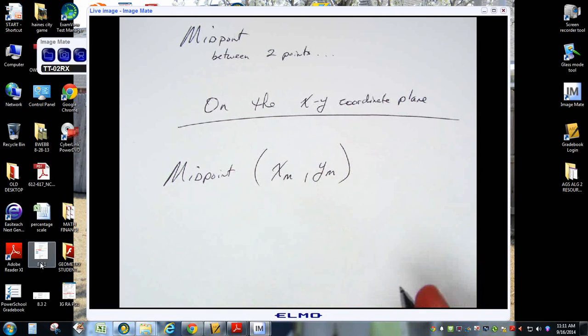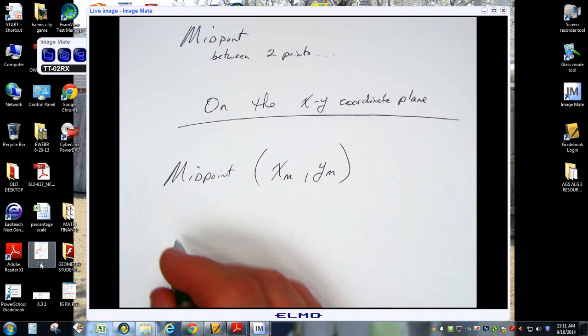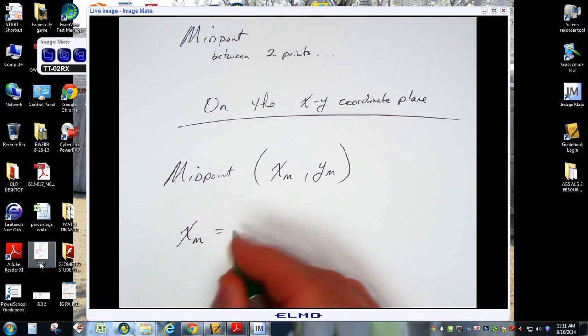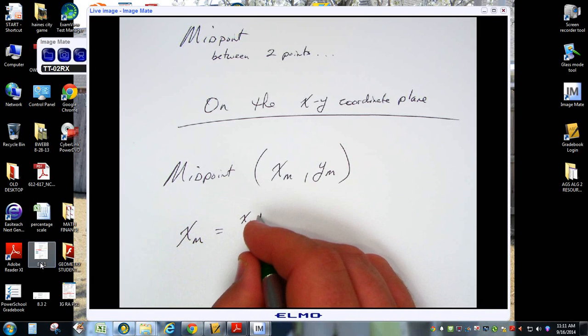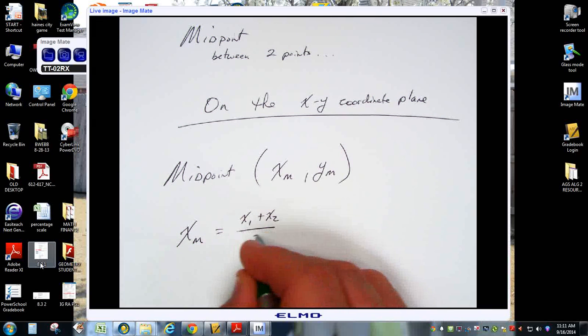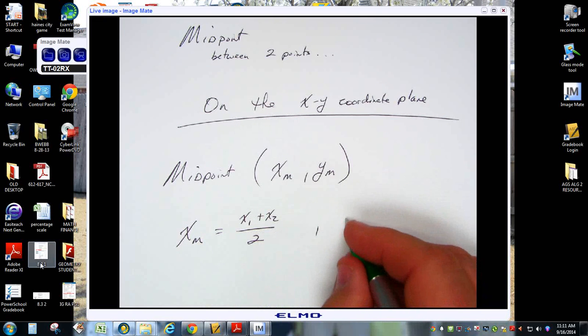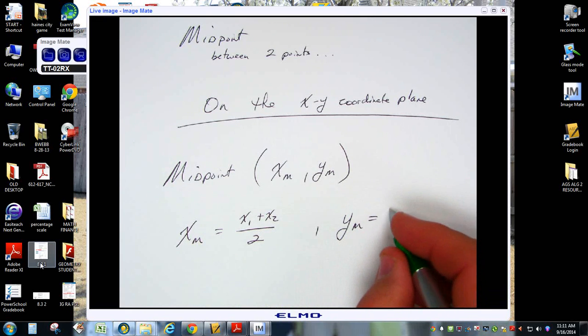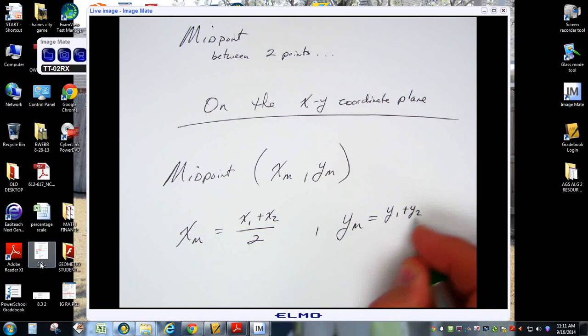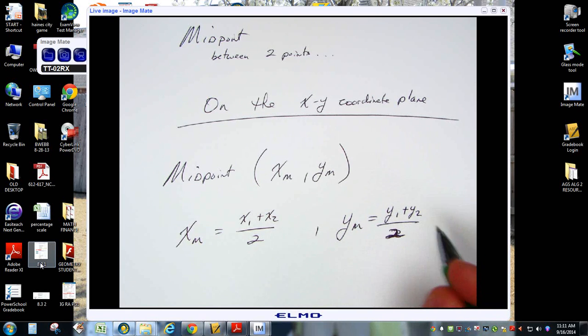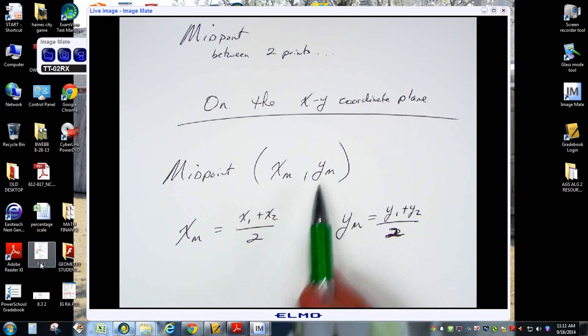I'm going to write mine a little different. The x-coordinate of your midpoint is always x1 plus x2 over 2, and the y-coordinate of your midpoint is always y1 plus y2 over 2. It's the same thing we just did, except we just include the y's.